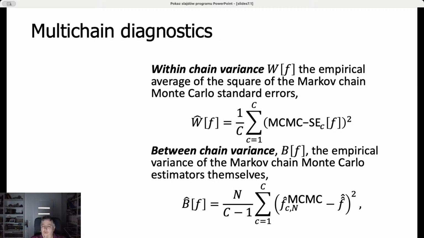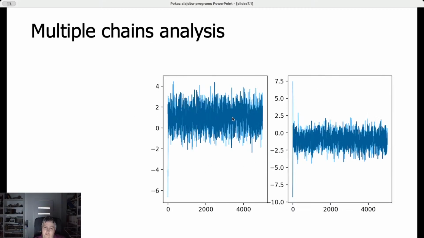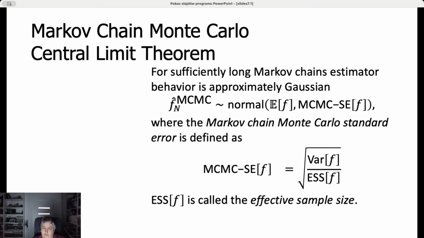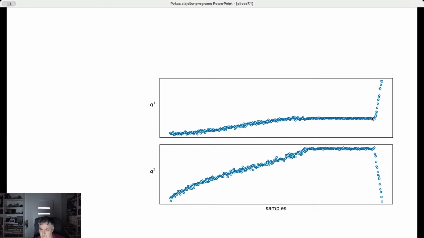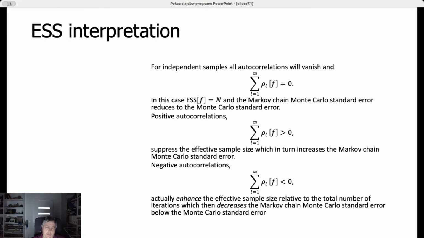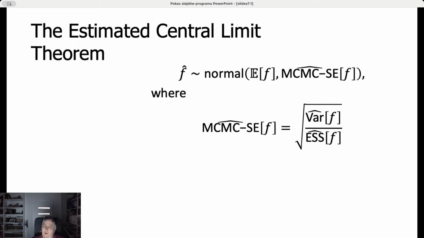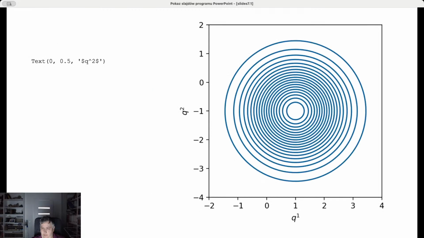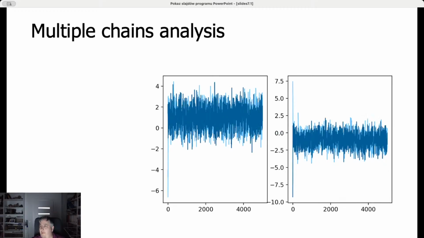We want to do some diagnostics of those chains, because if it's a very simple problem, we can observe the chain and see issues, as here. But with multiple chains in a multidimensional space, that might be very difficult, because even if something is biased, that bias might not be visible in individual plots of each variable. So we want some kind of metric.